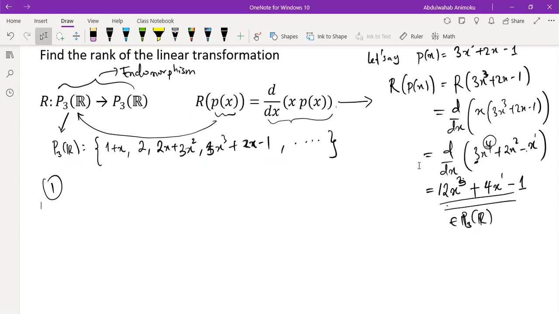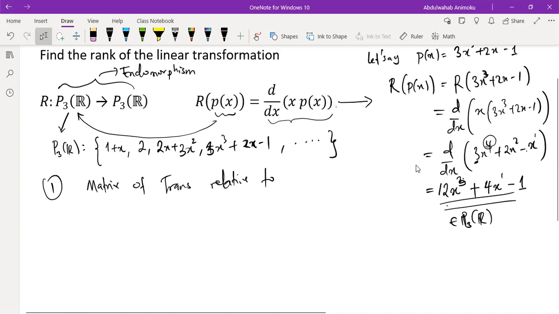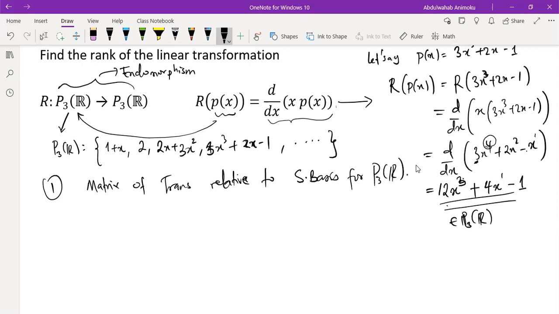Okay, so let's just get right into it, right? So the first thing is we need to find the matrix of transformation relative to the standard basis for P3R, for both the domain and the range of this transformation.